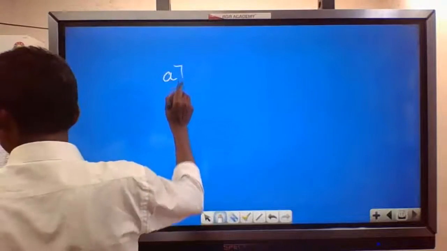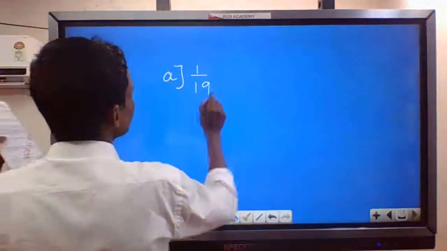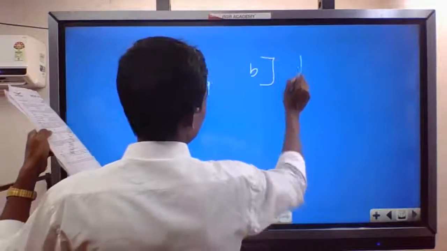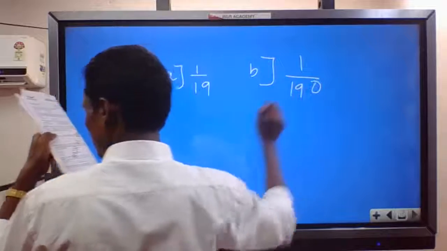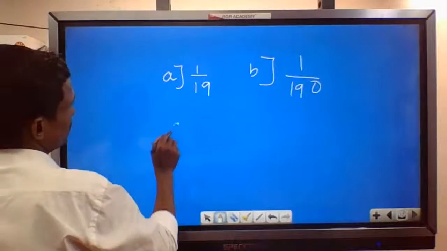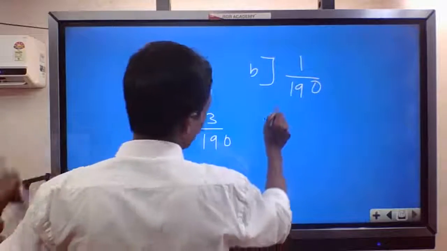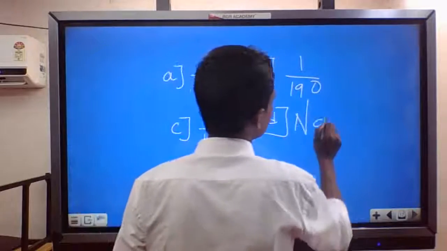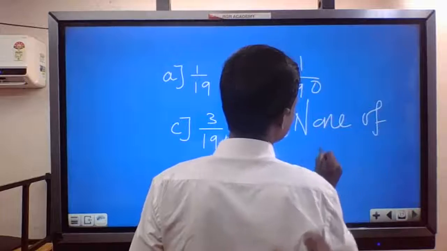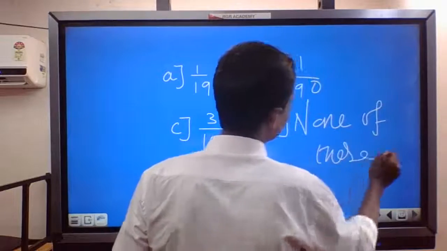The options: A, 1 divided by 19; B, 1 divided by 190; C, 3 divided by 190; and D, none of these.